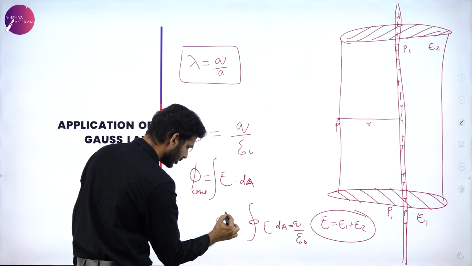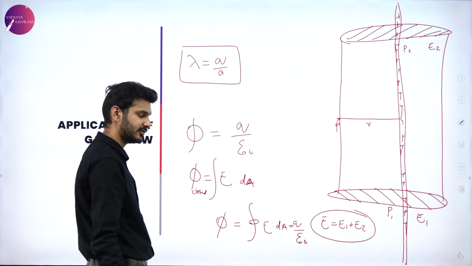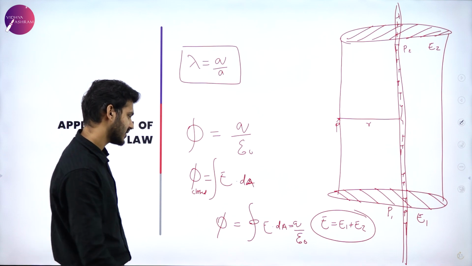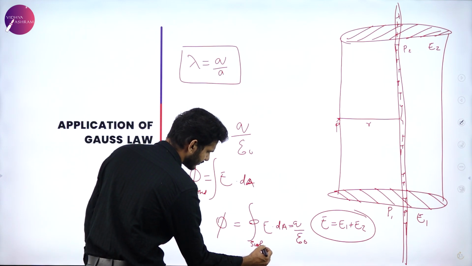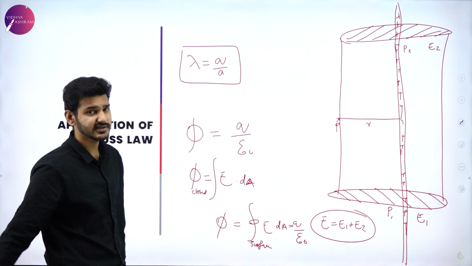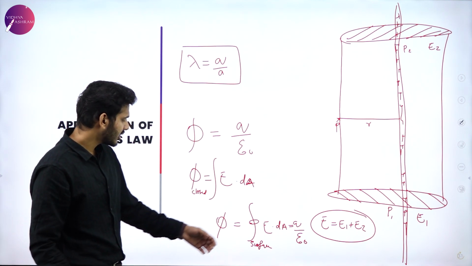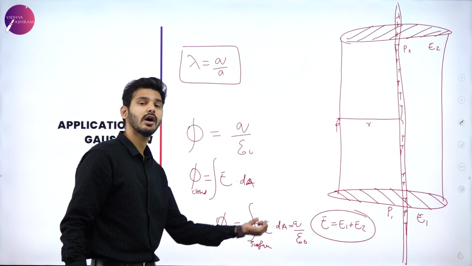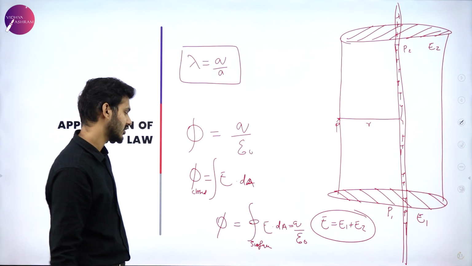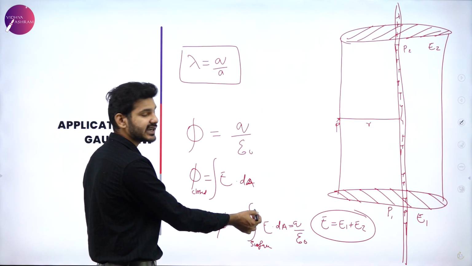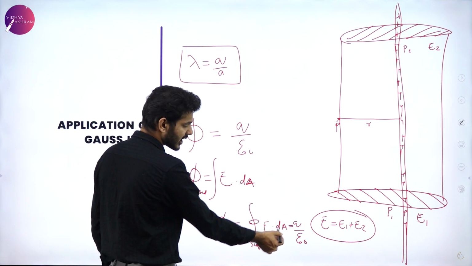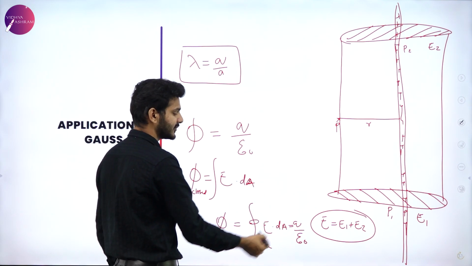So Gauss's law can also be represented in this manner. You can write a surface integral because we are taking the area; otherwise, just putting a circle on the integral sign itself is enough. You can say that phi closed is equal to the closed integral of E dot dA, which is equal to Q by epsilon naught.